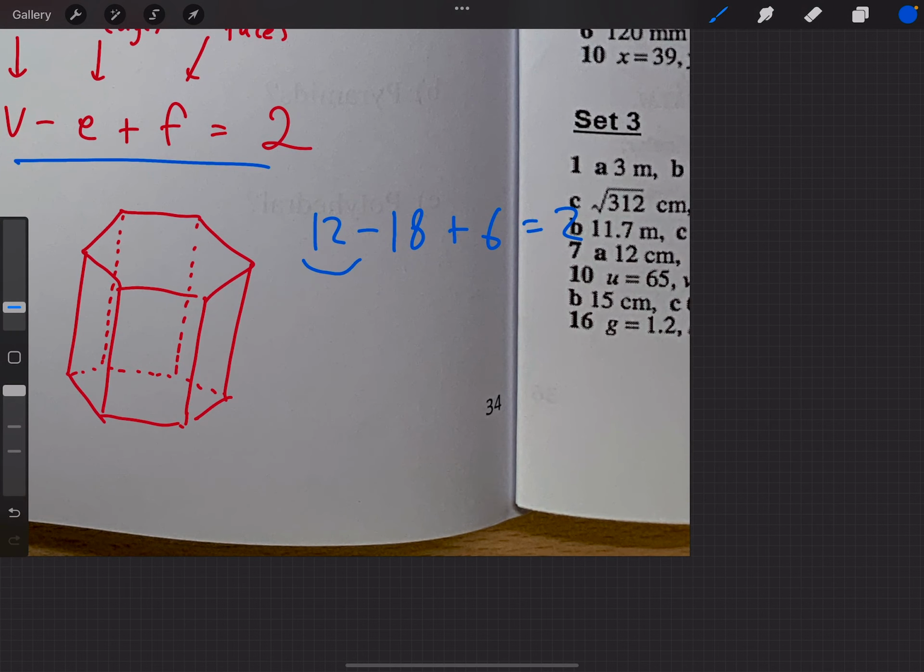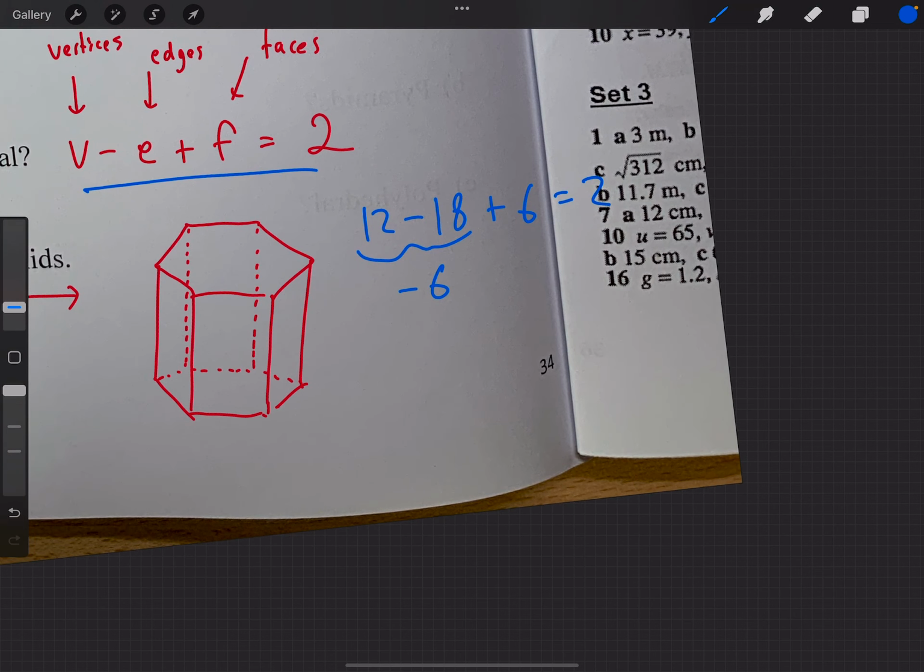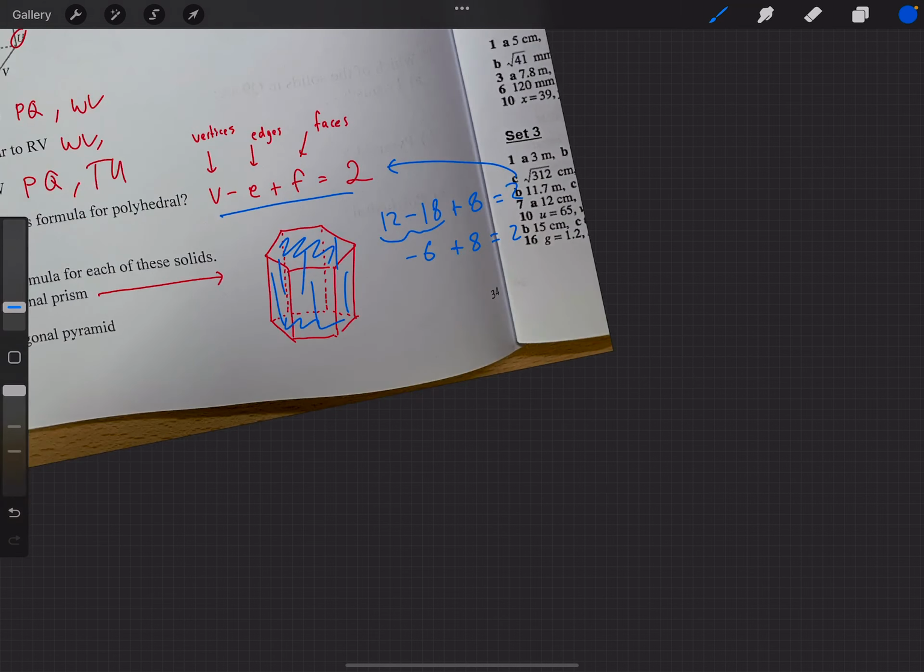Well, 12 minus 18 is negative 6. Oh, sorry. The number of faces should have been 8. I forgot to add the top and bottom one too. So it'll be 8, because you got 1, 2, 3, 4, 5, 6, 7, 8. So therefore, negative 6 plus 8 is indeed 2, which means that Euler's formula works.